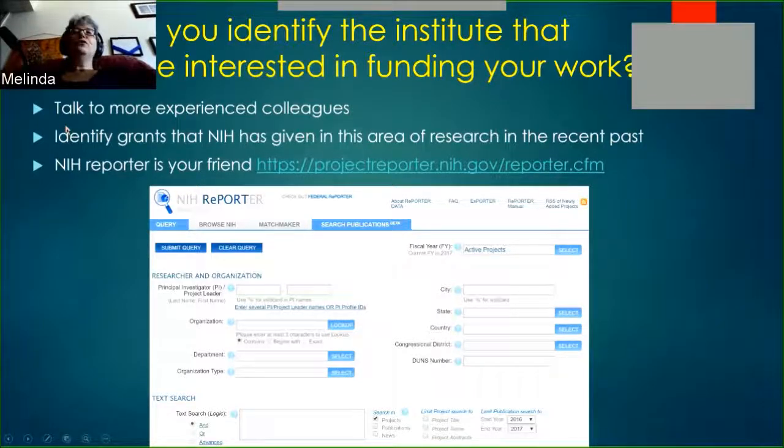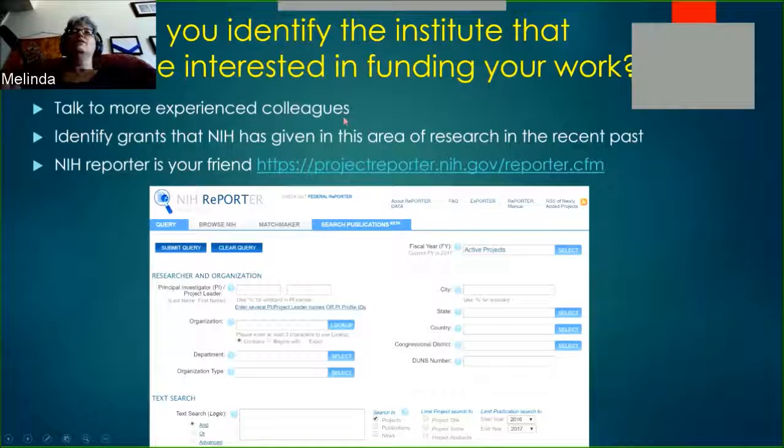Even so, let's say you are a postdoc and you want to apply for an F32 grant. You still have to figure out which institute would be funding that F32 mechanism. Now, if you are in a mentored situation, you definitely want to start talking to your more experienced colleagues.